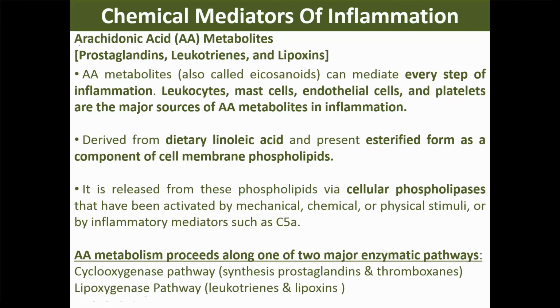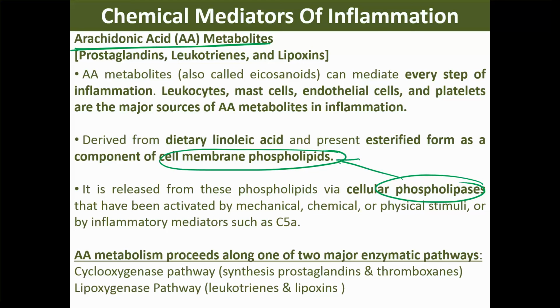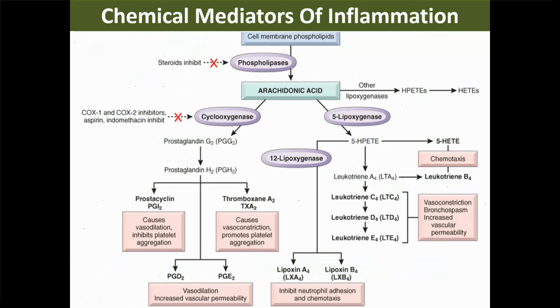Now, arachidonic acid metabolites, you all know, come from the cell membrane phospholipids by the action of phospholipase A2, and they produce arachidonic acid. Then the cyclooxygenase enzyme breaks the arachidonic acid and they produce prostaglandins.